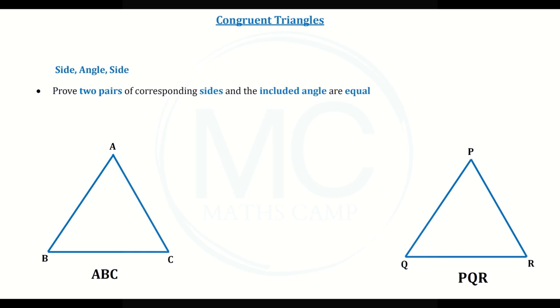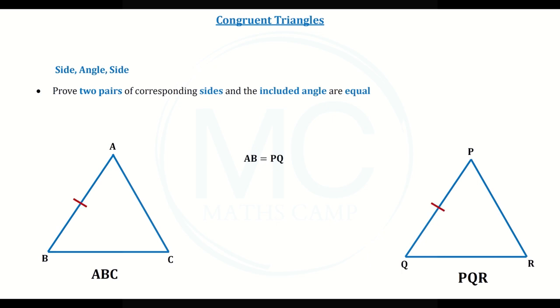For side, side, side, we had to prove that all 3 corresponding sides were equal. In this case, we can prove any 2 sides. So let's say that AB is equal to corresponding side PQ. Let's mark these sides on our triangles in red.